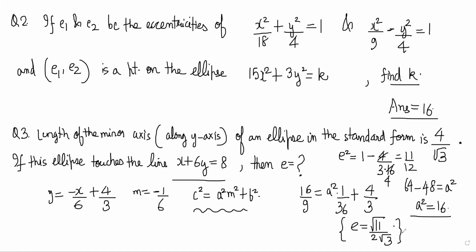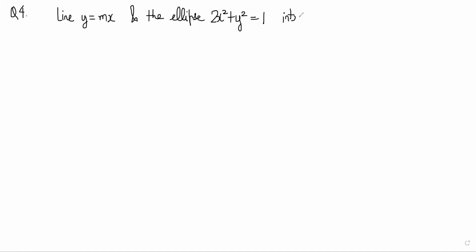Then the next one. These are all mains questions. The next one is: the line y is equal to mx and the ellipse 2x square plus y square is equal to 1 intersect at P in the first quadrant.